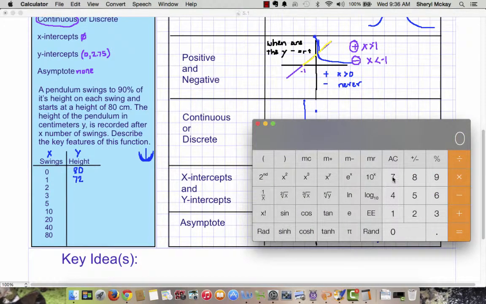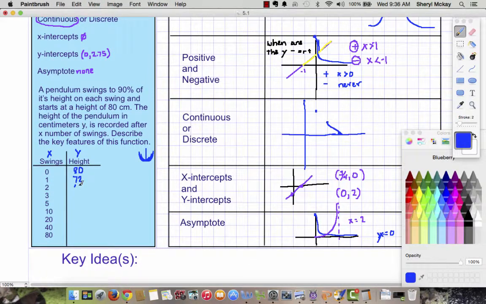So go ahead and figure out what 90% of 72 is. All you needed to do was take 72 and multiply it by 0.9. And that gives you 64.8. Go ahead and figure out what 90% of 64.8 is as well.